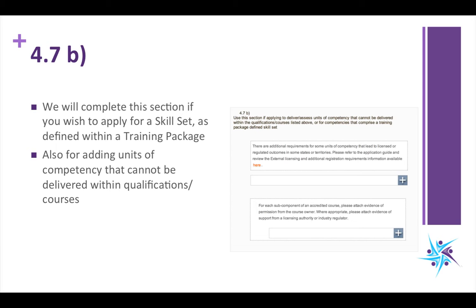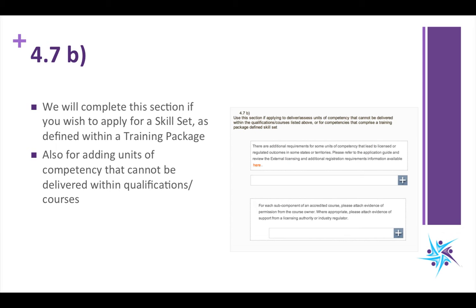(4.7b) In this section, this is actually a fairly new section on ASQAnet. This section includes skill sets. So if you decide you want to deliver a skill set that is defined within a training package, you'll often find in a training package they'll have skill sets set up that are not full qualifications.